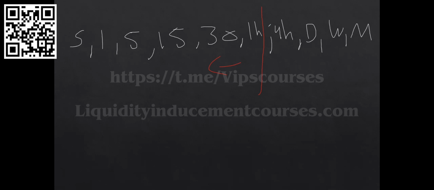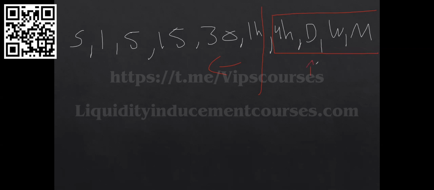And from the 1 hour and above, or let's say 4 hour and above, these are higher time frames. The higher time frames are important. They are the key to the way that we trade. That's why you hear me say higher time frame a lot. Now, the higher time frames have an important rule.